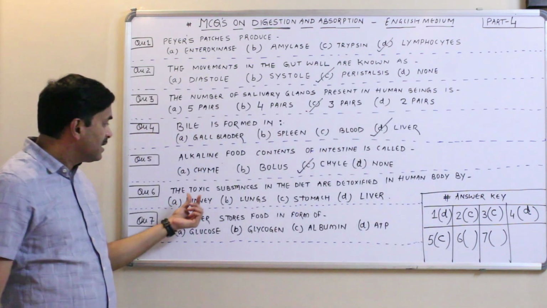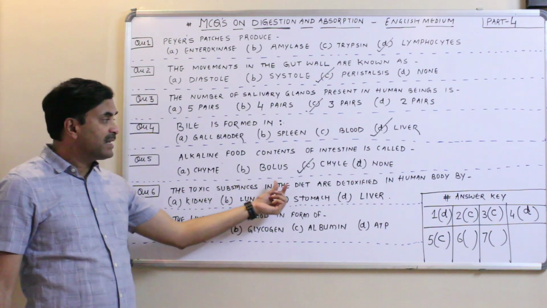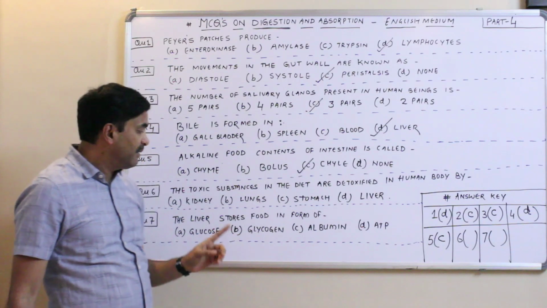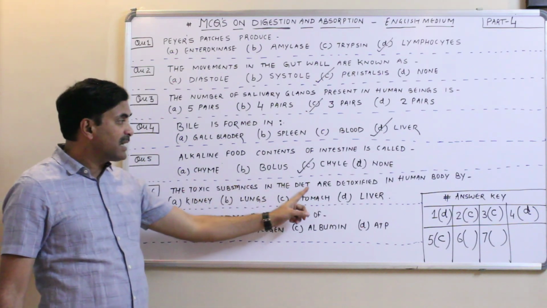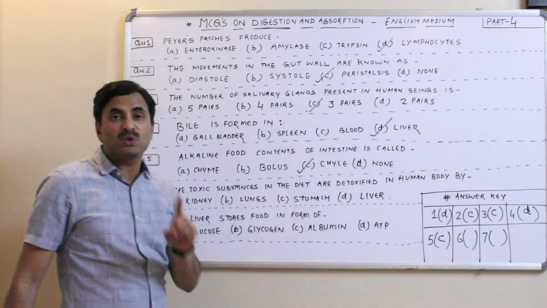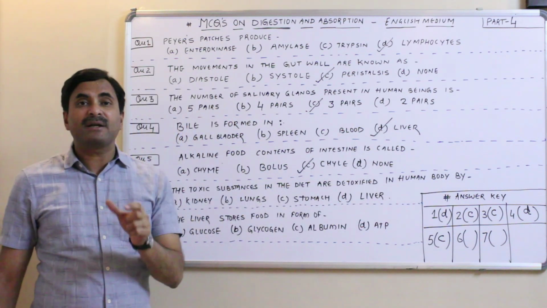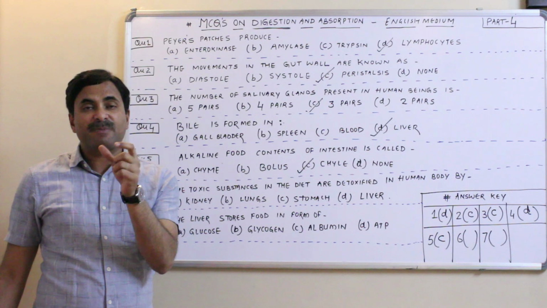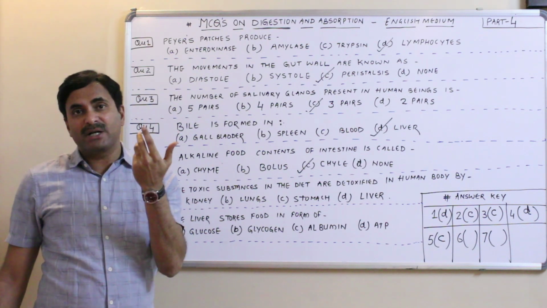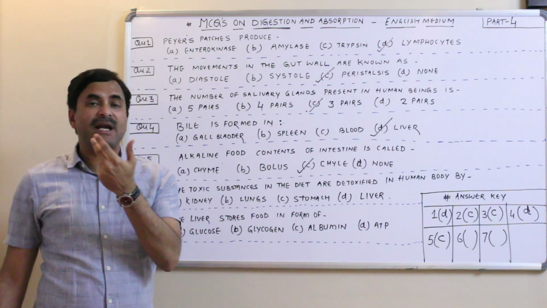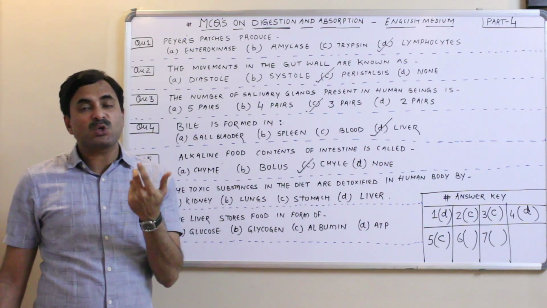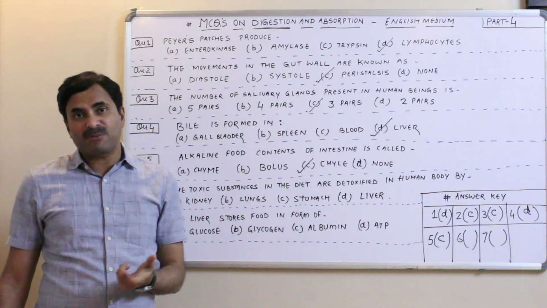Now question number 6. The toxic substances in the diet are detoxified in the human body by. You might have heard that the veins coming from the intestine, or from the different parts of the alimentary canal, carry certain toxic substances.